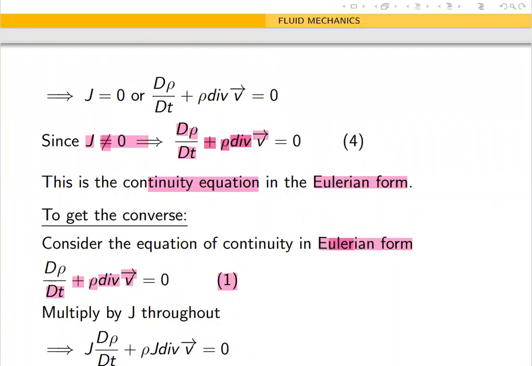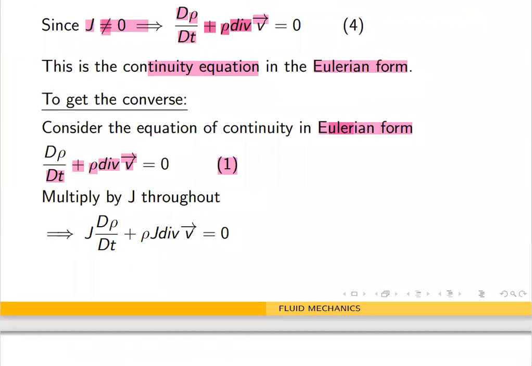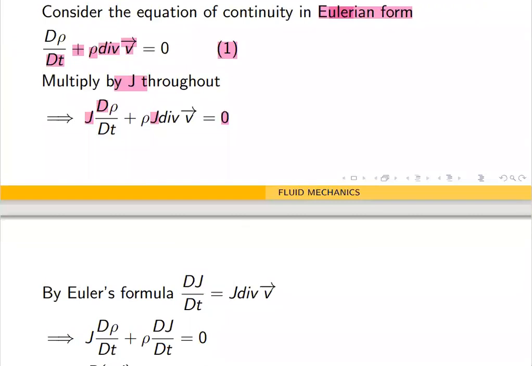Same steps backwards. Now multiply by J throughout, so J here and J in the second term also, and equal to 0, since 0 into J is 0. Then use Euler's formula: dJ by dt is nothing but J divergence v.